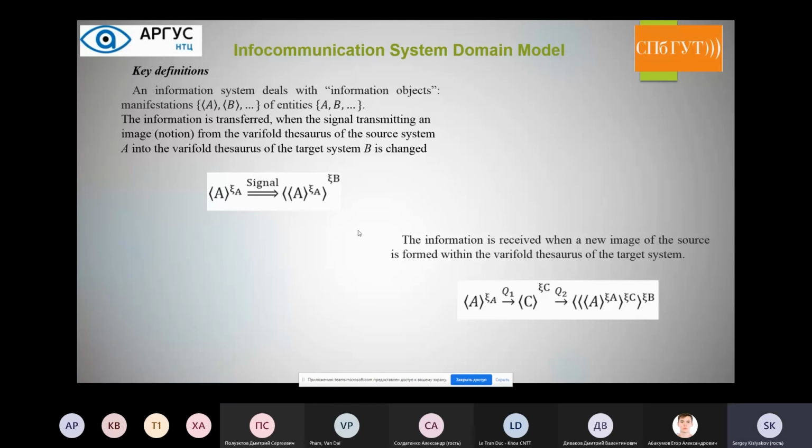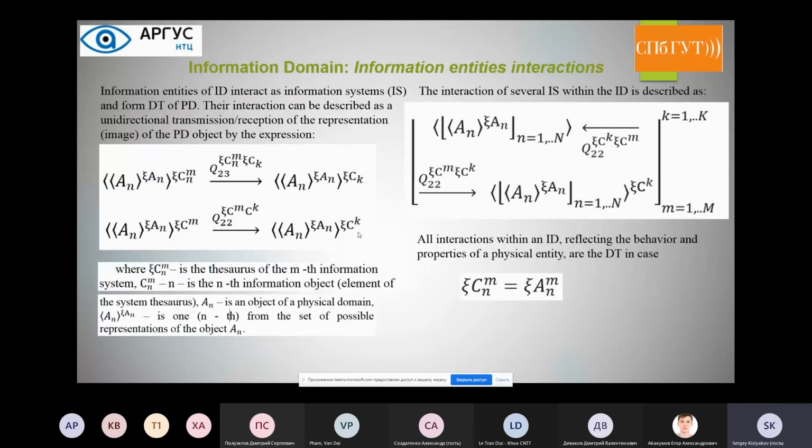I think it is not necessary to discuss these 3 slides now. These terms were discussed during previous conferences, and I'm giving them here just to show that there are strong definitions of all processes and interactions in the frame of the suggested domain model.